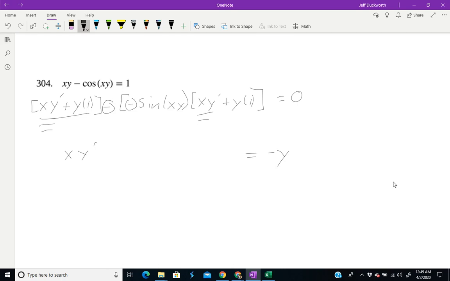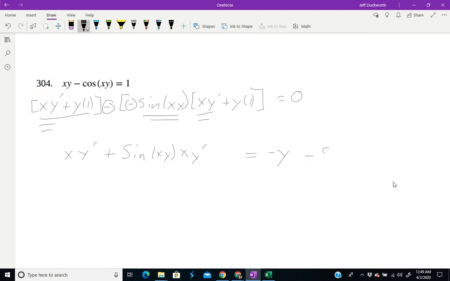This is going to have to be multiplied together, so it's going to be plus sine of xy times xy prime. Now, we've got to distribute the sine of xy with both of these, so we're left with a positive sine of xy plus y, which we're going to move over to the right.